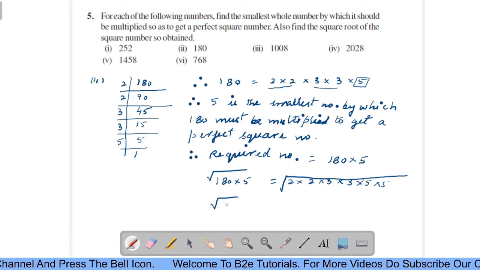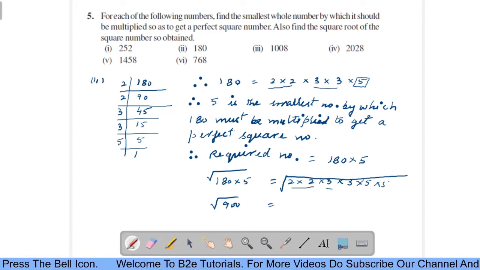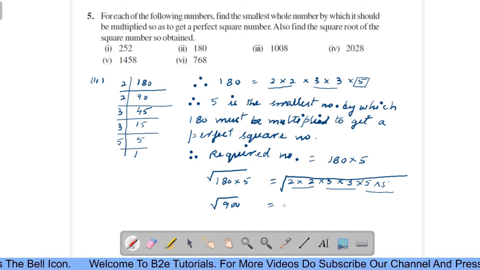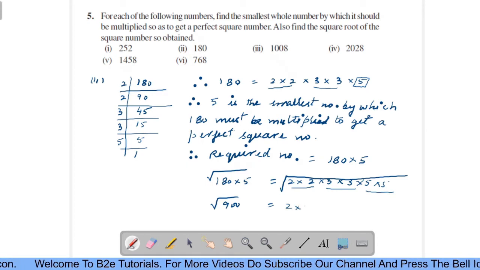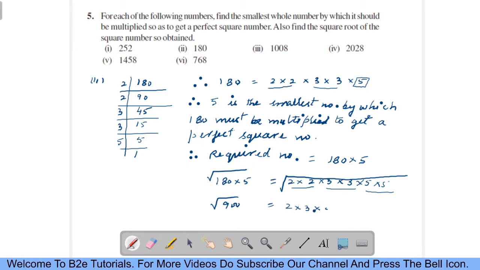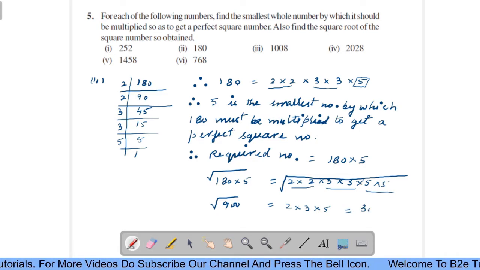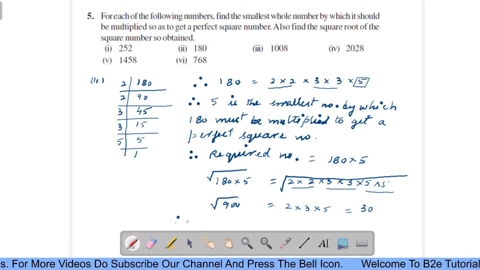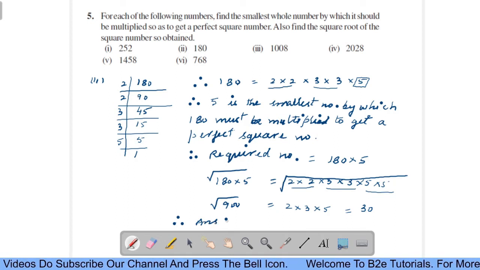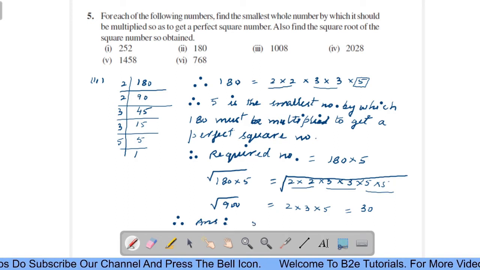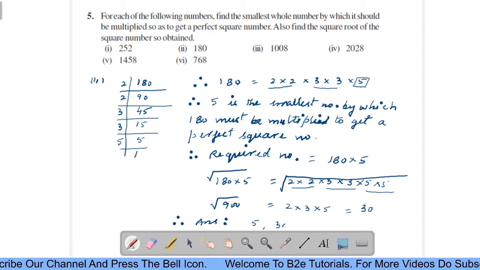The square root of 900 equal to, here make pairs of 2 and take one number from each pair. You will get 2 into 3 into 5, that is 2 3 ja 6, 5 ja 30. Therefore your answer is, the smallest number is 5 and square root of required number is 30.